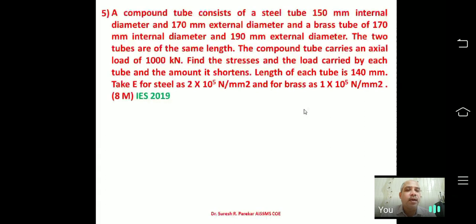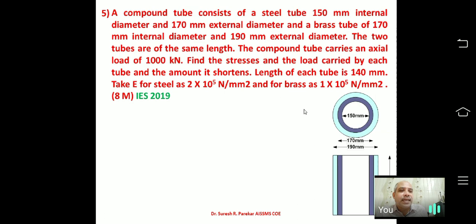Now I focus only on 3 papers. So you can see the problem is very simple. We have seen this same type of problem. So 1000 kilonewton, and this problem was asked for 8 marks in IES 2019. Now I will just show the steps.